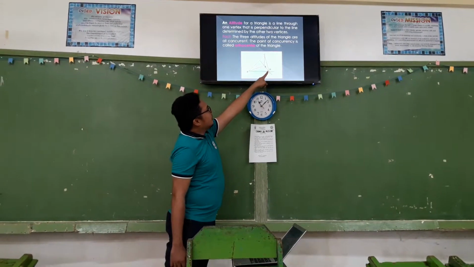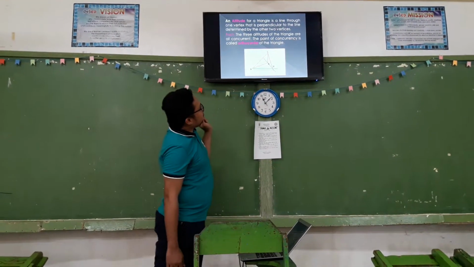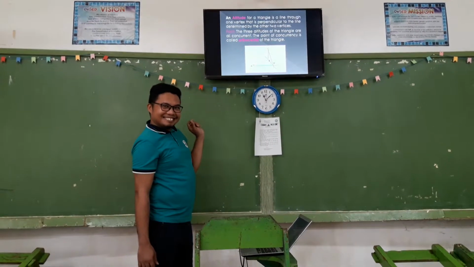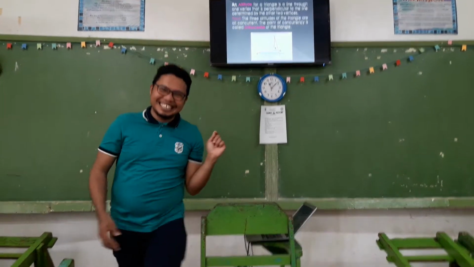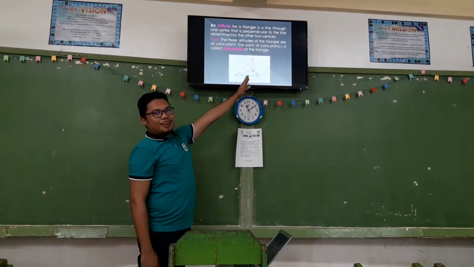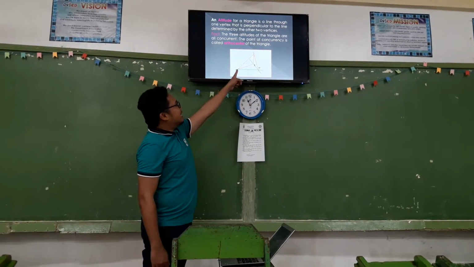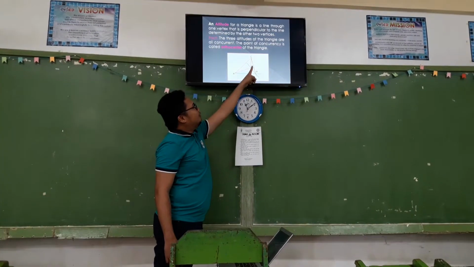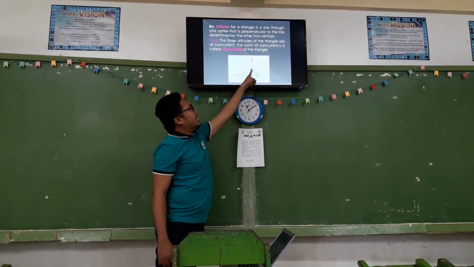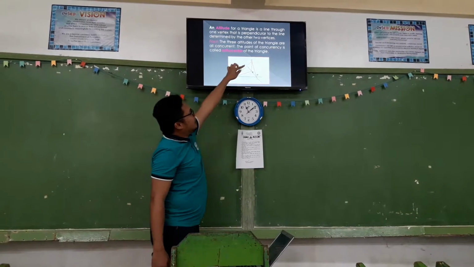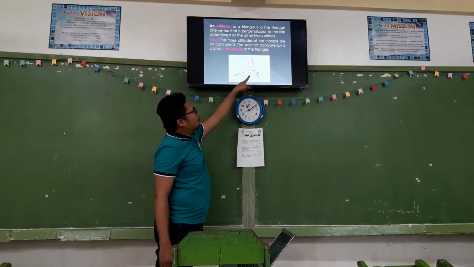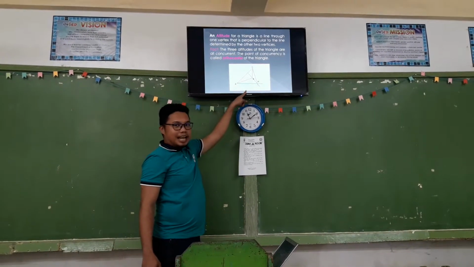Next, CH. There you have it. If we extend AB, then this CH will be the altitude of this line. And if we extend BC, then this AH will be the altitude of this line.